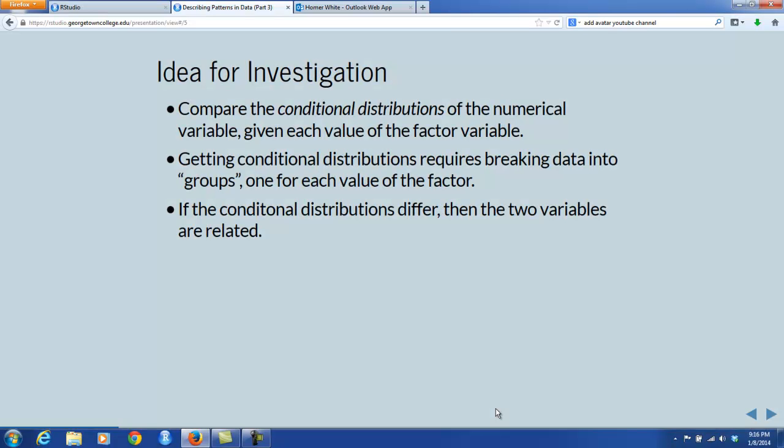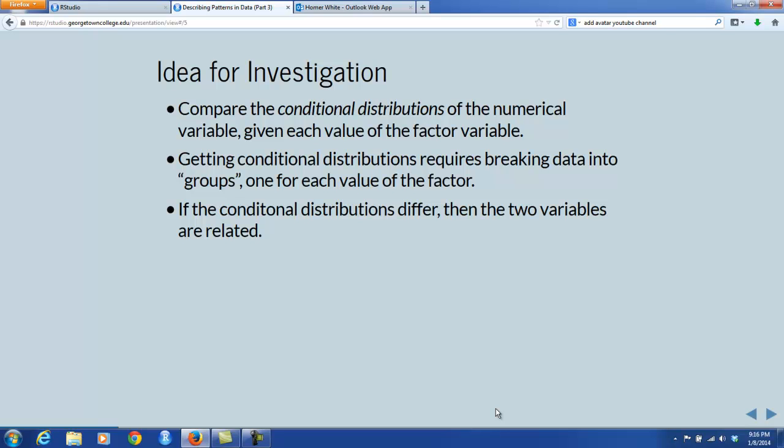Now, the idea for investigating the relationship between two variables really is the same all the time. You really want to find conditional distributions of one of the variables in terms of the other. So in a previous part, we looked at the relationship between two factor variables, and we found conditional distributions of one of them given various possible values of the other.